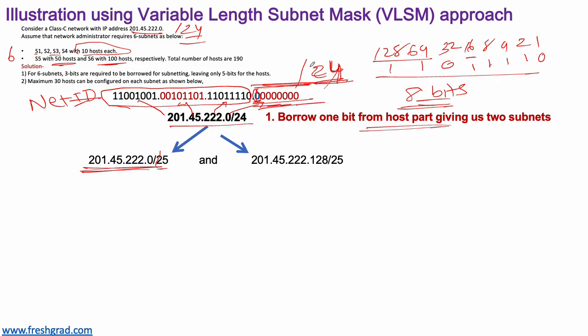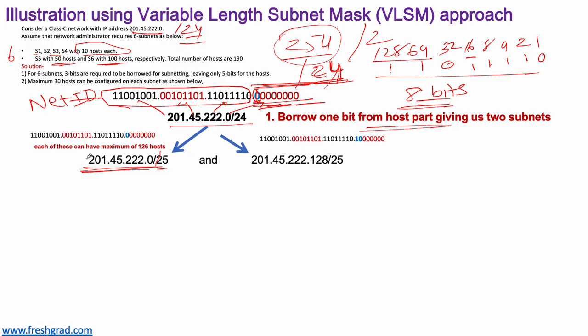So in this one, you can have a maximum of 254 hosts. Now you divide into half, right? So how many can you have in each? 126 hosts. So in this one you can have 126, and in this one you can have 126.